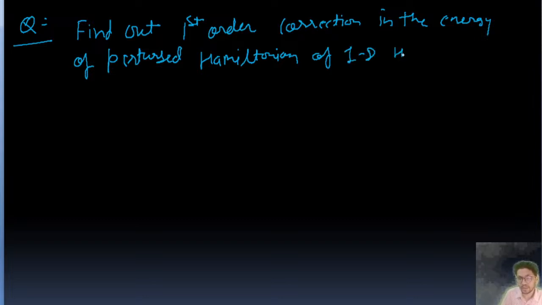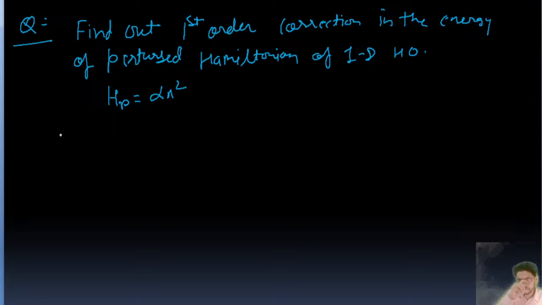The question is, find out the first order correction in the energy of the perturbed Hamiltonian of a 1D harmonic oscillator, and the perturbation is given, Hp is given, that is alpha x square.